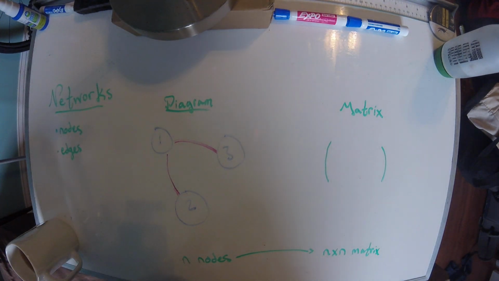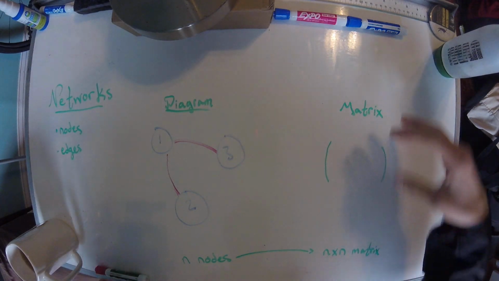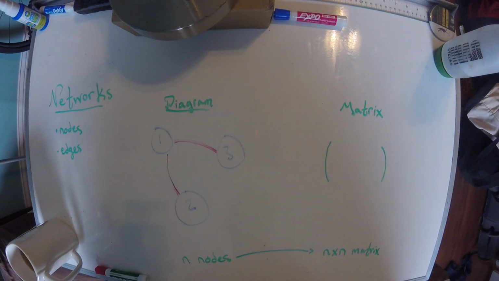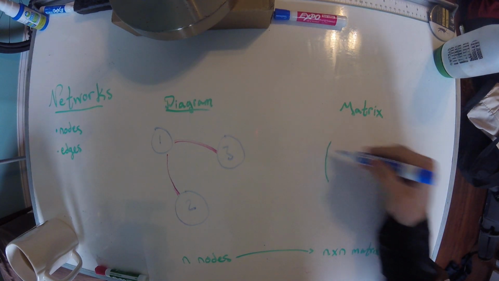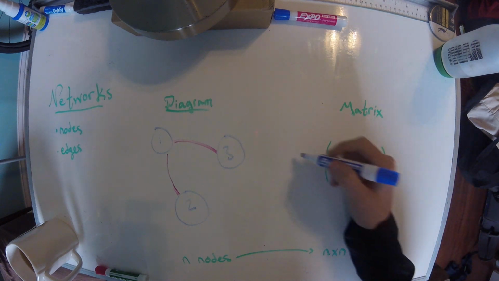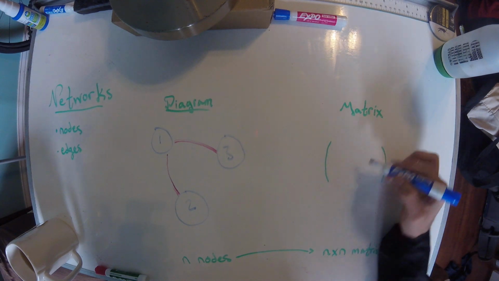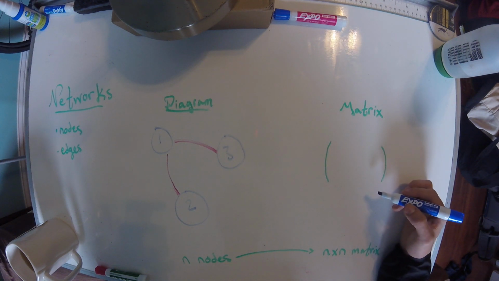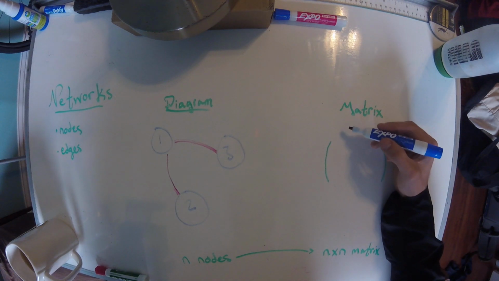And the way this 3 by 3 matrix works is that each column will represent a node, and each row will represent a node. And then the numbers in the entries will represent whether or not 2 nodes are connected.